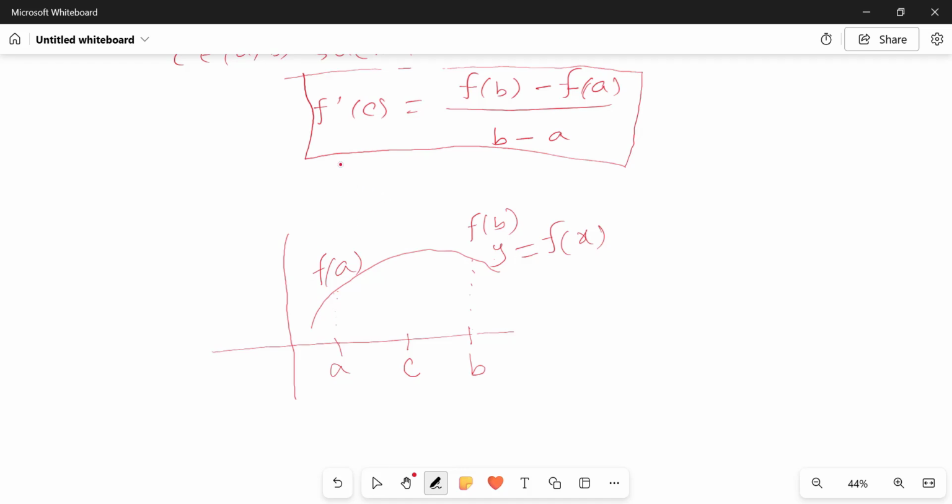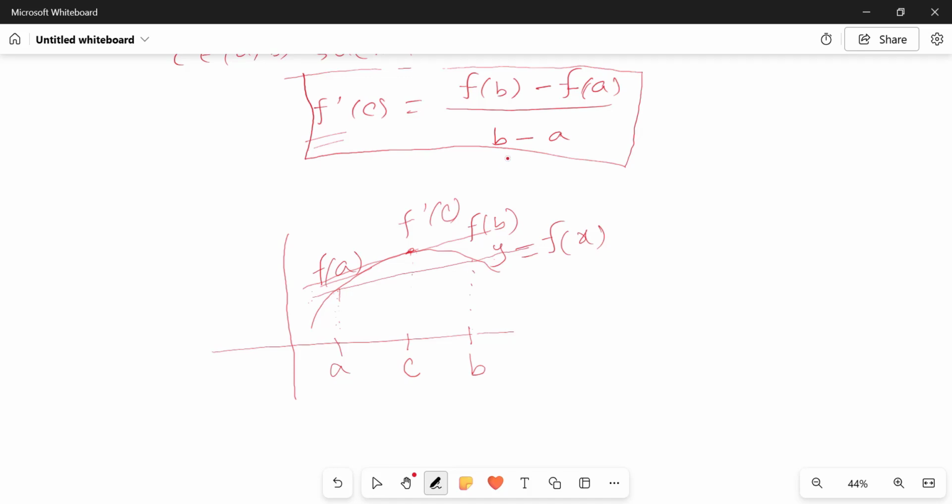F prime of c is the slope of the tangent line, and the right hand side is the slope of the secant line.